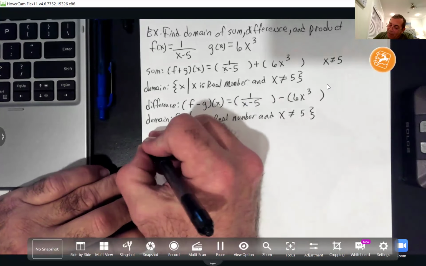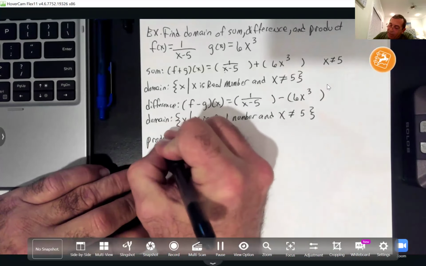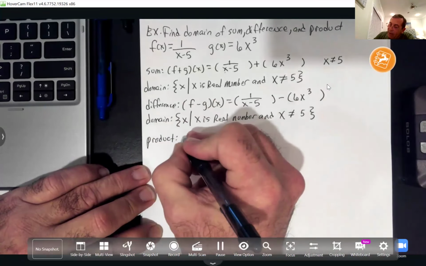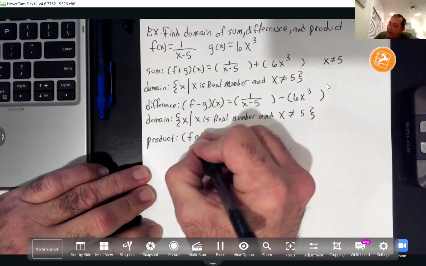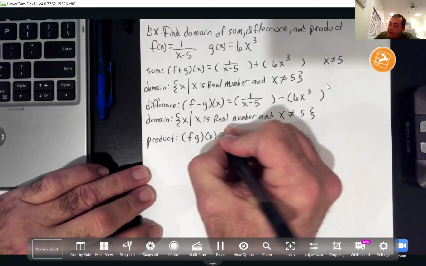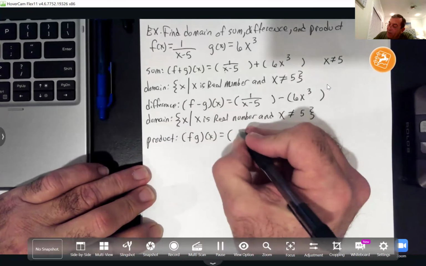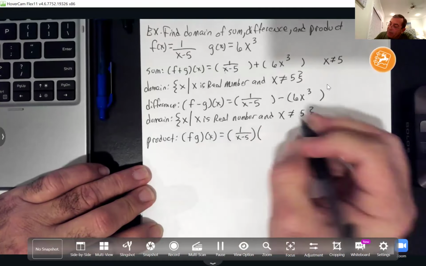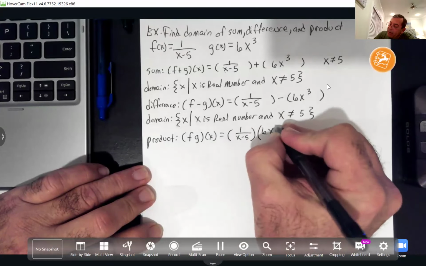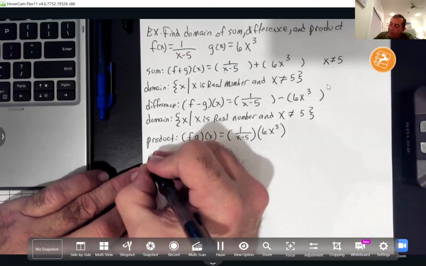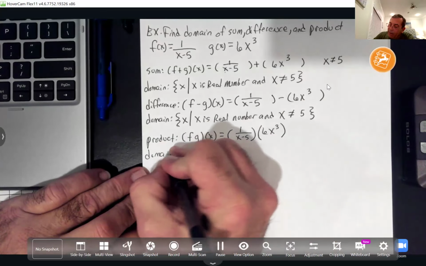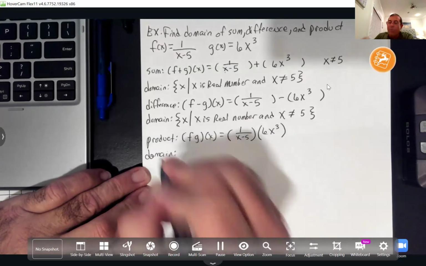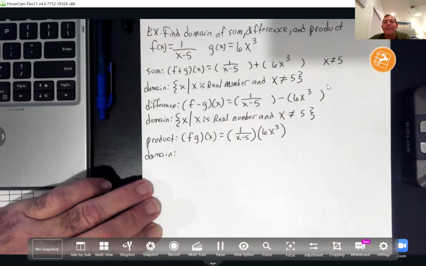So let's see what happens with our product. That'll be f times g of x, which will equal my f, 1 over x minus 5, times my g, 6x to the third. What do y'all think that domain is?